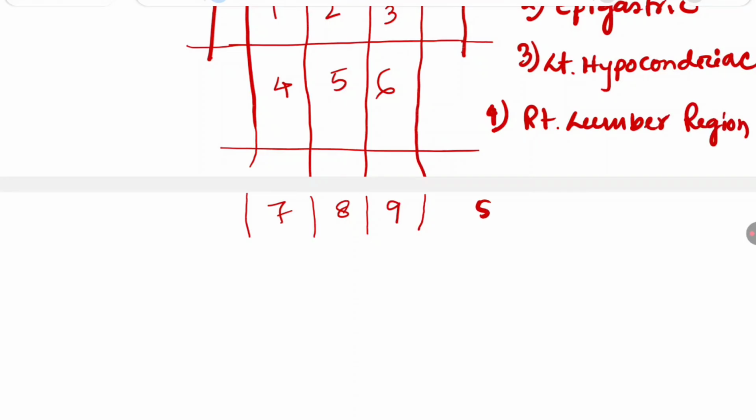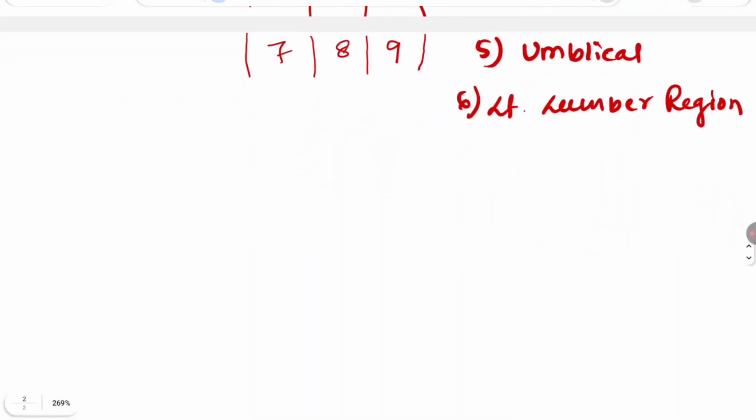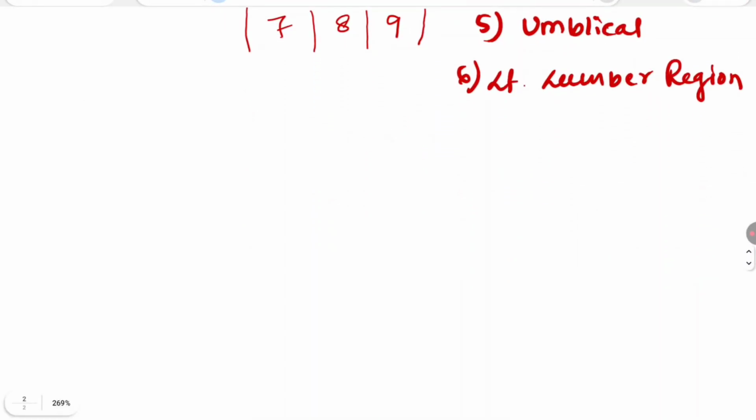Fifth one is the umbilical region. Sixth one is the left lumbar region. Seventh one is the right iliac region.